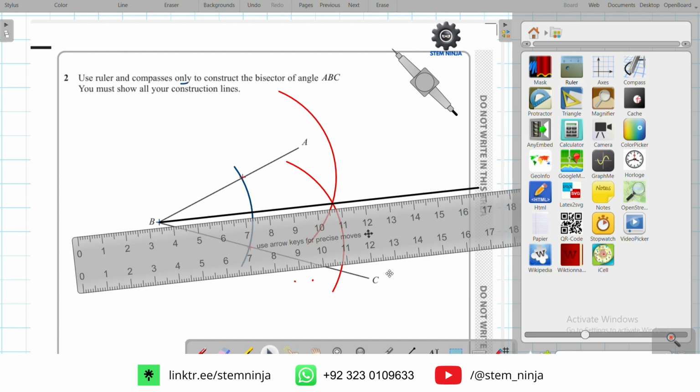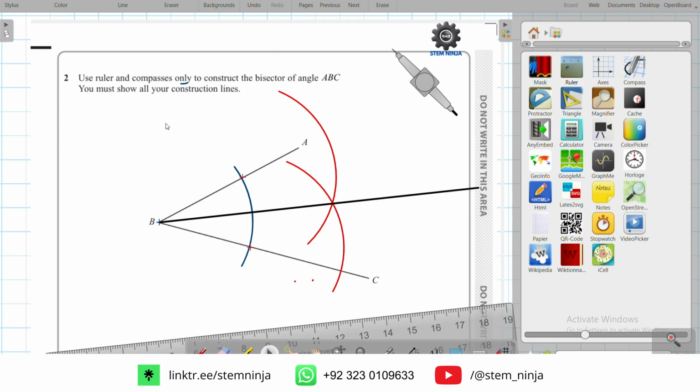You can erase a little bit of the arcs just to show what happened exactly over here, but you don't have to erase everything. Just a little bit is more than enough, to show that we created arcs to form the angle bisector. That's your angle bisector.